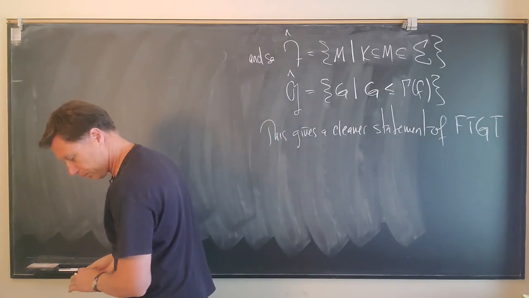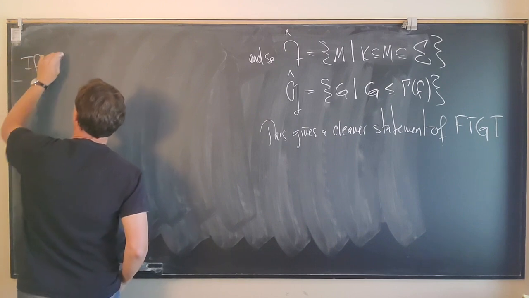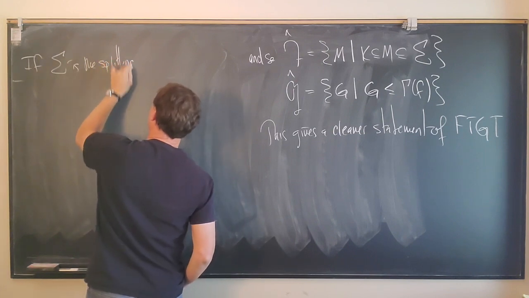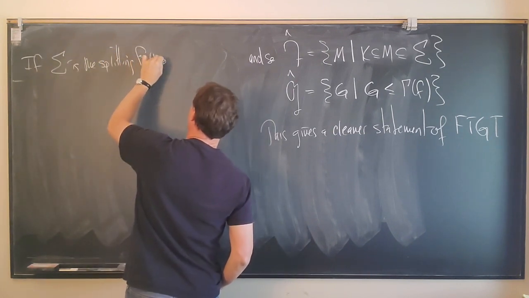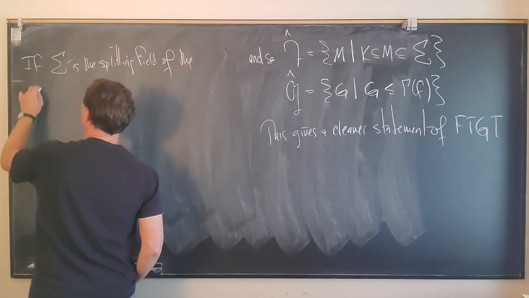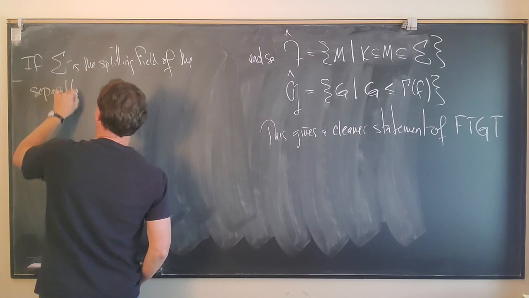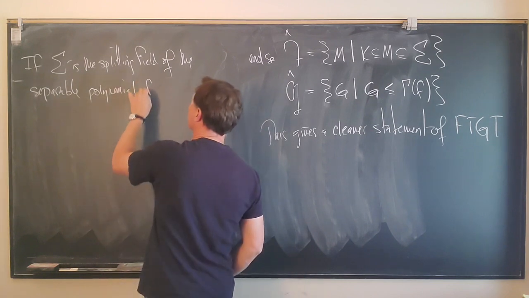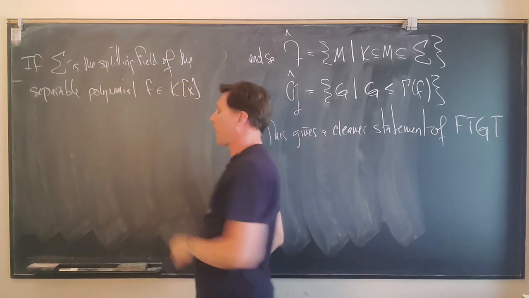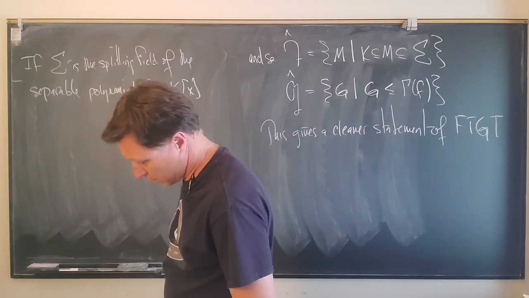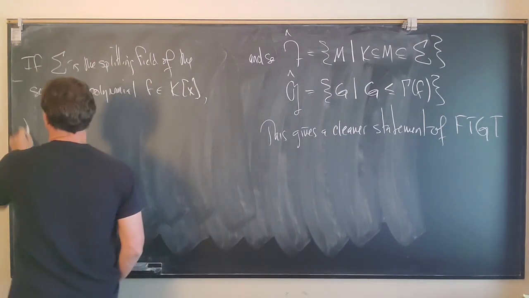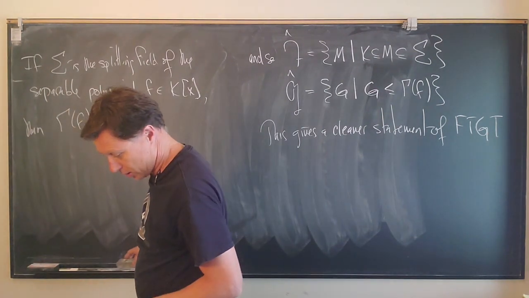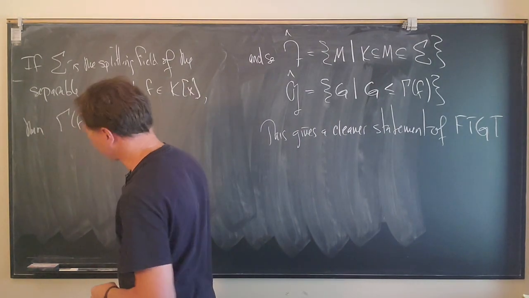So if sigma is the splitting field of the separable polynomial f in k bracket x, then gamma of f, sorry.